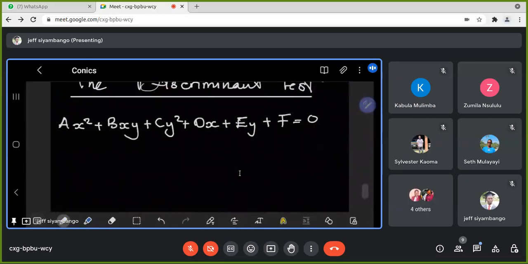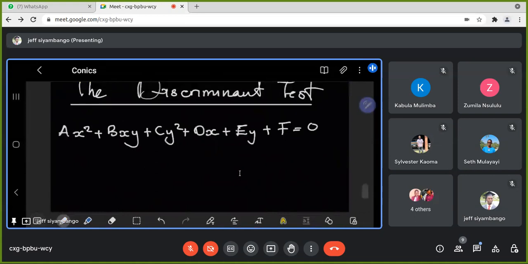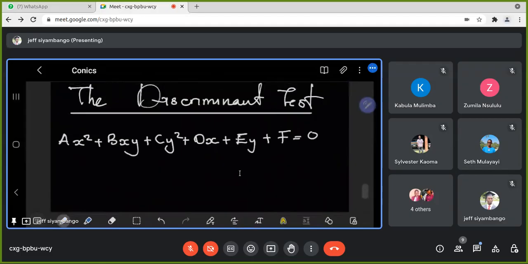Some questions are a little bit more involved, requiring double angle identities, making the problem a little bit too long. Well, the discriminant test gives you an easier way, not of rotating the axis, but of identifying what conic section you're looking at without having to solve anything really.